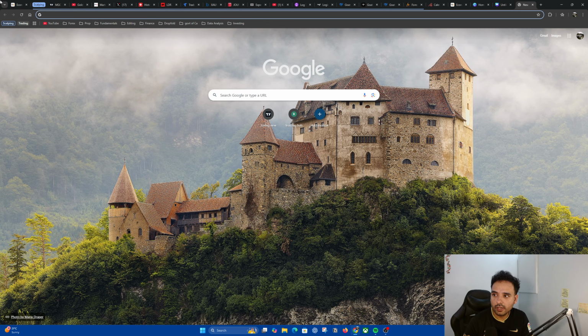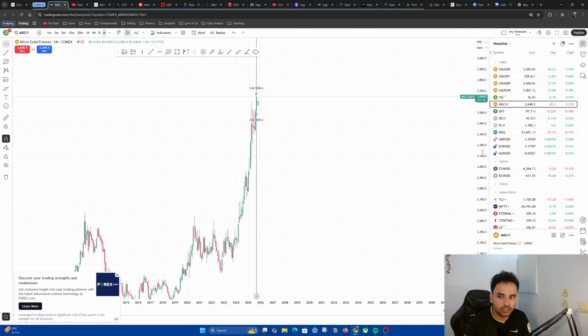Sometimes you have to correlate the charts, right? If you are looking at gold, or whatever you are trading, there might be something that is inversely correlated to it, or some other instrument that is directly correlated to it. Gold and the US dollar right now are inversely correlated. If the US dollar goes down, gold is going to go up.